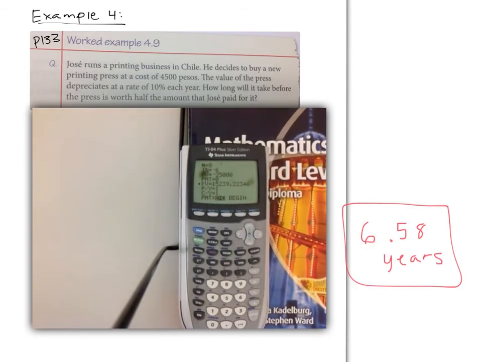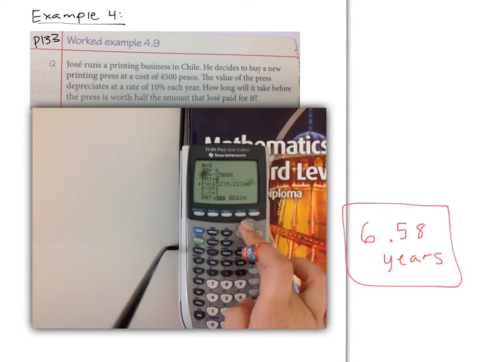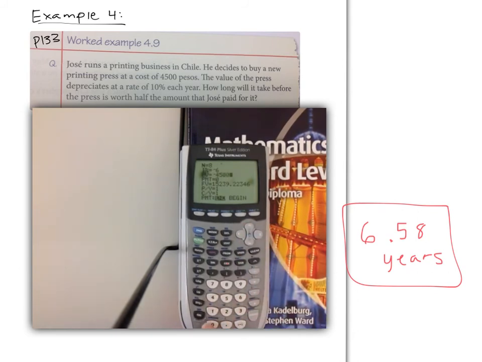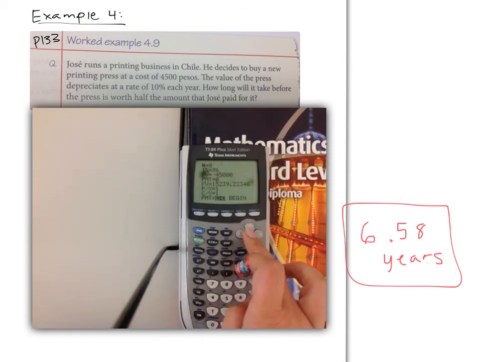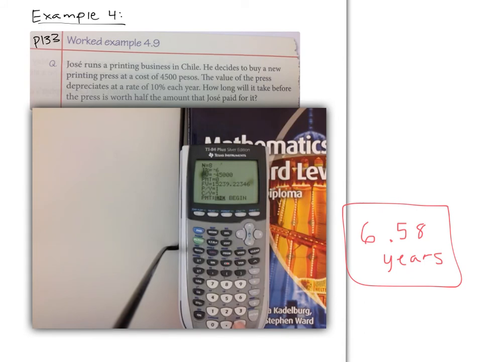Okay, so Jose runs a printing business in Chile. He decides to buy a new printing press at a cost of 45,000 pesos. So that's his current value, and I'm entering it as a negative. The value of the press depreciates at a rate of 10% each year, so the interest rate is going to be a negative 10% because it's depreciating.